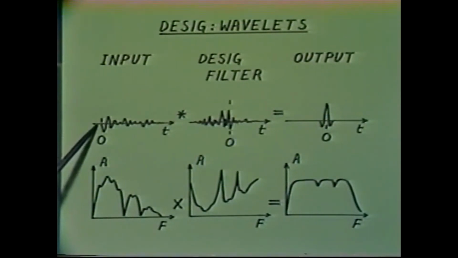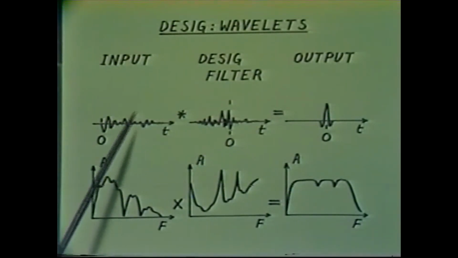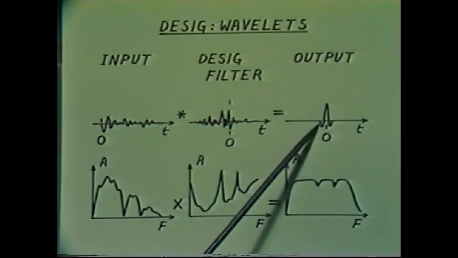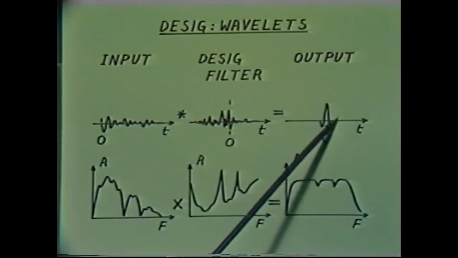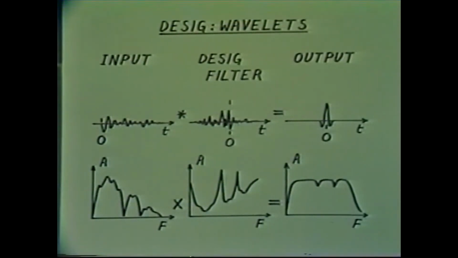It does not have any significant amplitudes before time zero. The result of that convolution is the output wavelet, which is a relatively short zero-phase wavelet. And of course that is the shortest possible wavelet having this amplitude spectrum, and therefore gives maximum resolution on the output record.